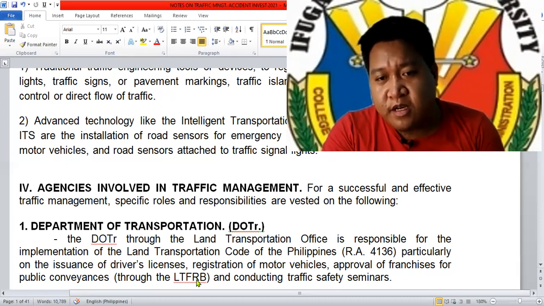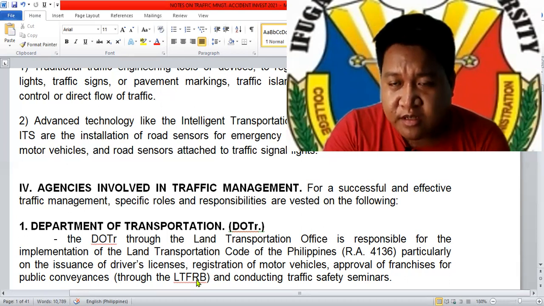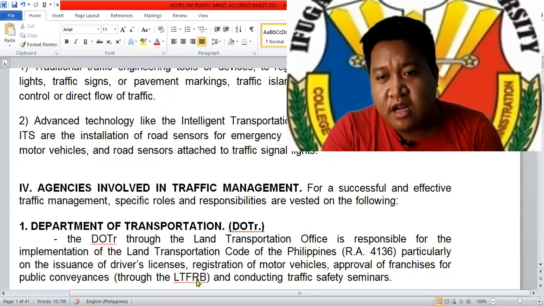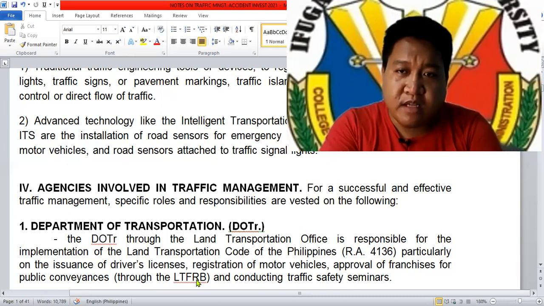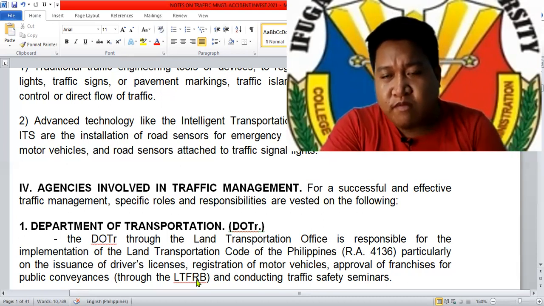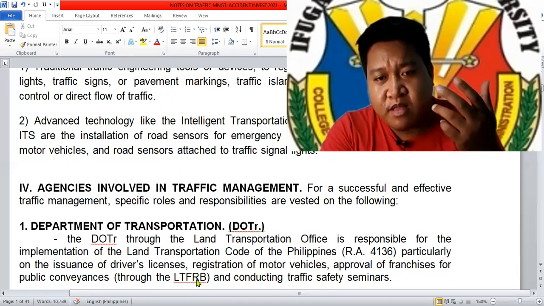They provide what we call franchises. Silang nagre-regulate ng pasahe for the public transport.